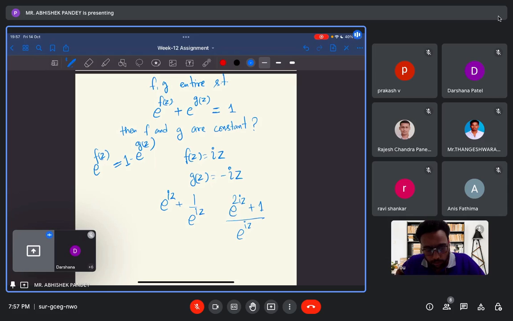So basically it is saying e to the power f(z) is nothing but a translation by 1 of e to the power g(z), isn't it? This is only your translation, 1 plus something. So f and g must be constant, I think.